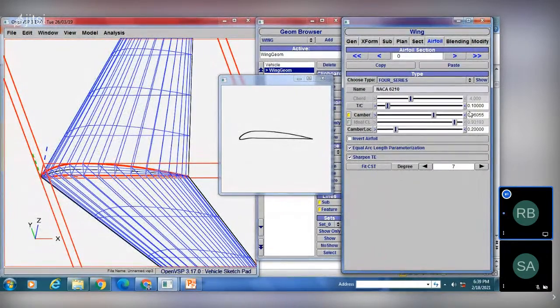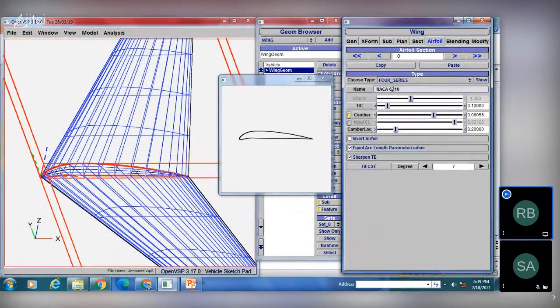Because I increased the camber and thickness to chord. So see, the symmetrical aerofoil was converted to unsymmetrical because there is a movement of camber, right?